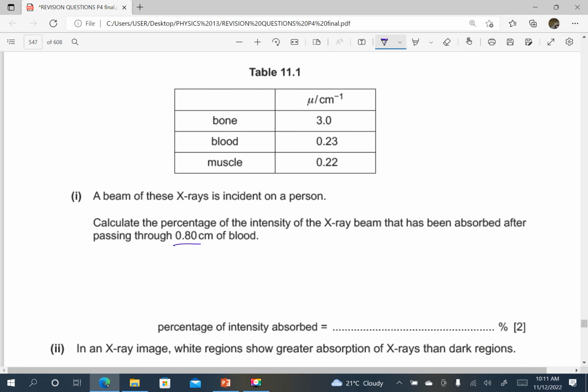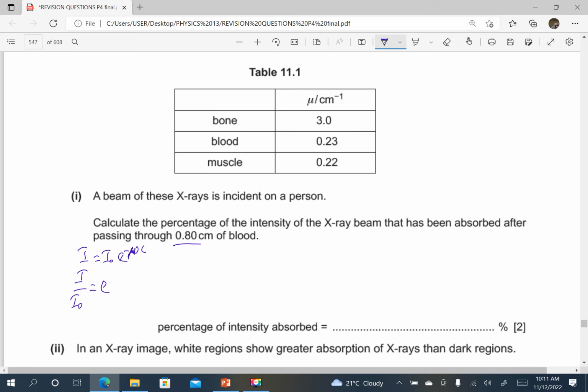So intensity transmitted is equal to I naught e power negative mu times x. So we want I over I naught. That is the percentage, so we are going to multiply this by 100. This is what is transmitted.